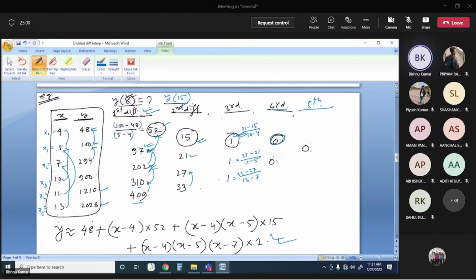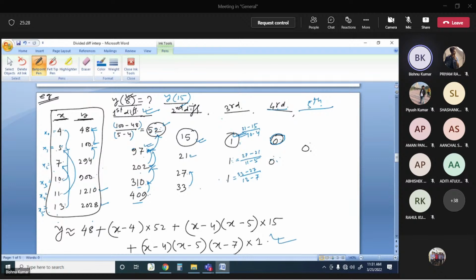a third degree polynomial. Suppose a third degree polynomial, phi of x is x cube plus 2x plus 3 plus 1. If you take its derivatives three times, what will it be? Its first derivative will give you a second degree polynomial.